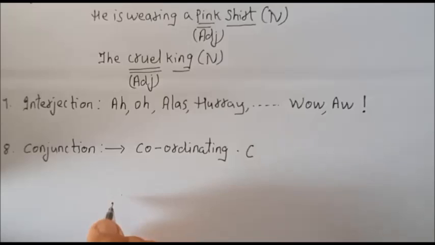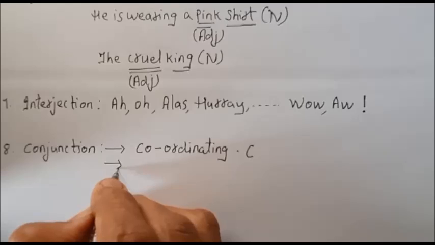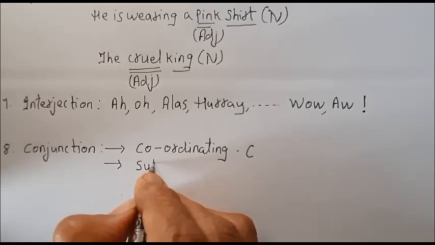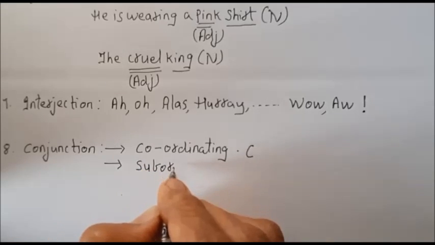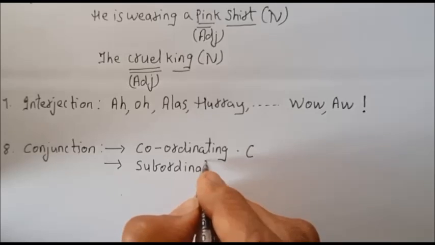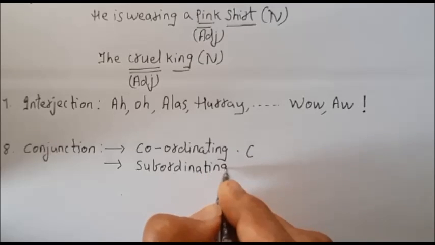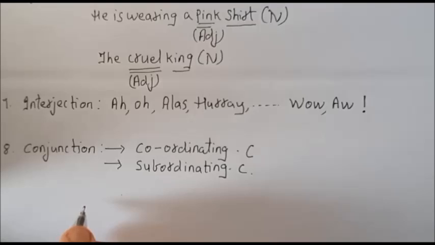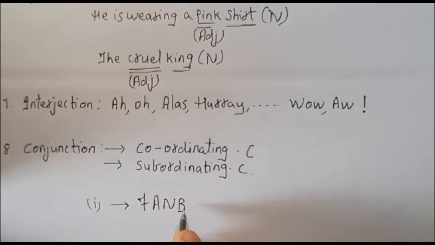And then there is subordinating conjunction. Now, coordinating and subordinating, what's the difference? You must be knowing somewhat about coordinating, I think so. So, simple. Let's take the first one, coordinating, as FANBOYS.